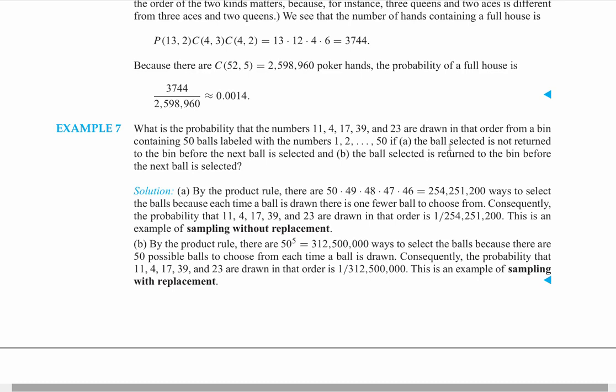Two parts. A, if the ball selected is not returned to the bin before the next ball is selected, and part B, if the selected ball is returned to the bin each time.